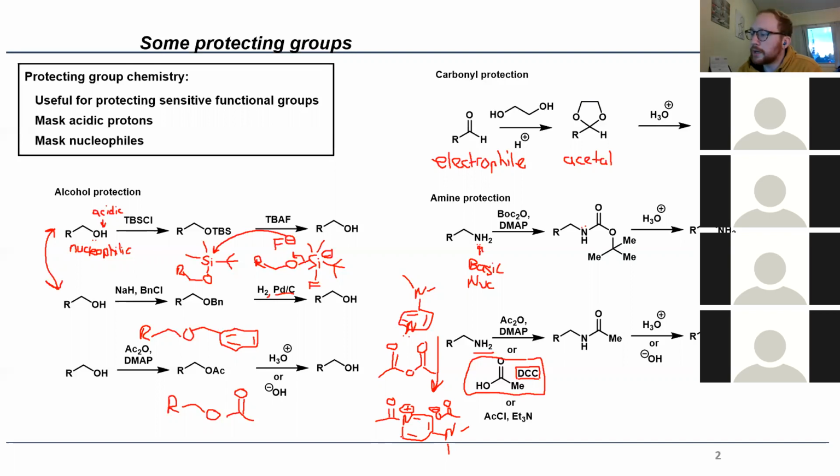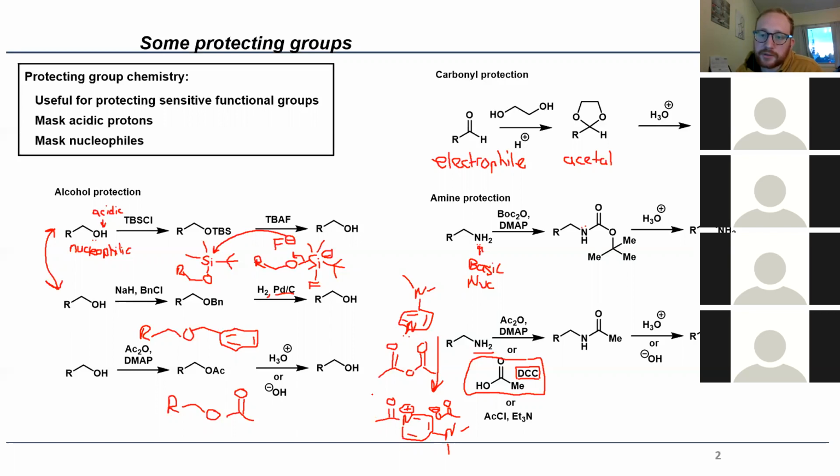And so this activated electrophile accelerates the reaction. And so DMAP is a great nucleophilic basic catalyst. You can use other bases. For example, typically people might use alkylamines like triethylamine, but DMAP is a really great one, and it tends to be the go-to.